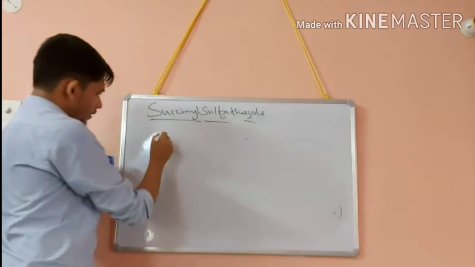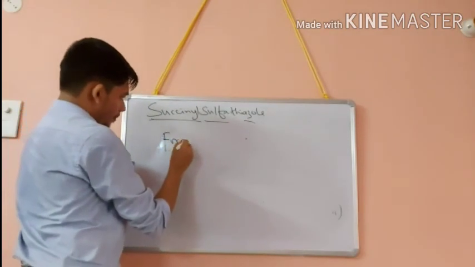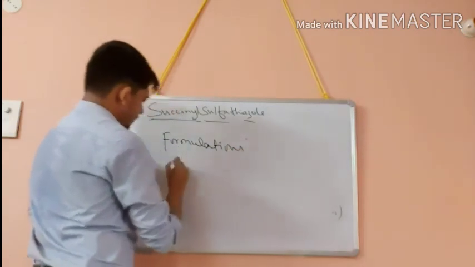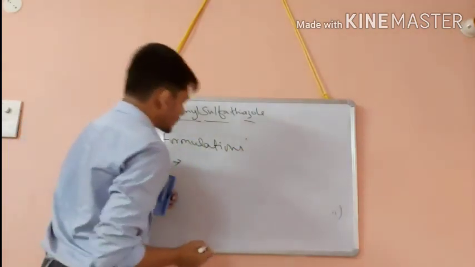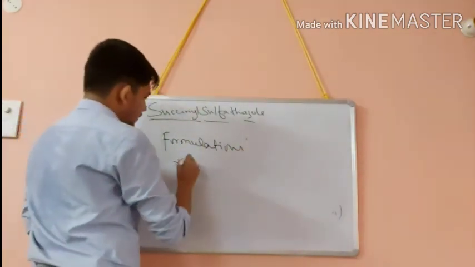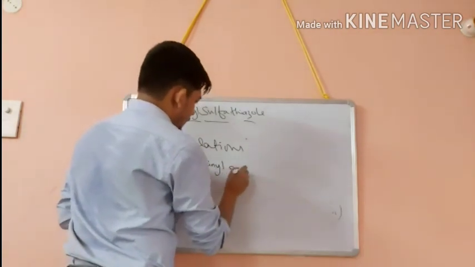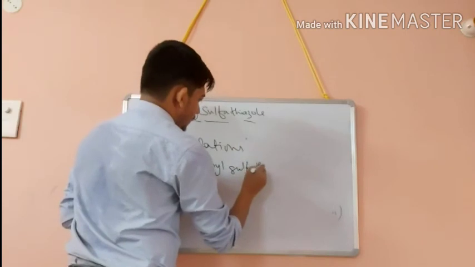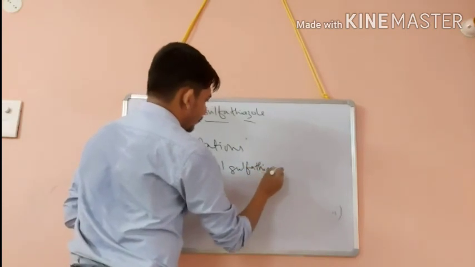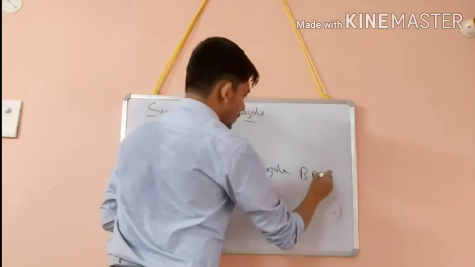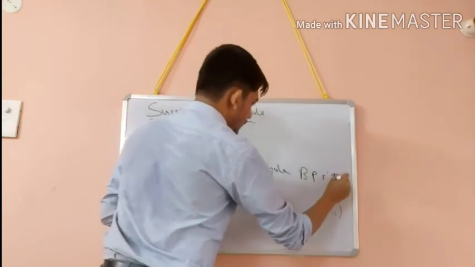What are the different types of formulations? So the acceptable formulations are succinylsulfathiazole, okay, BP, British Pharmacopoeia, as per IP also.